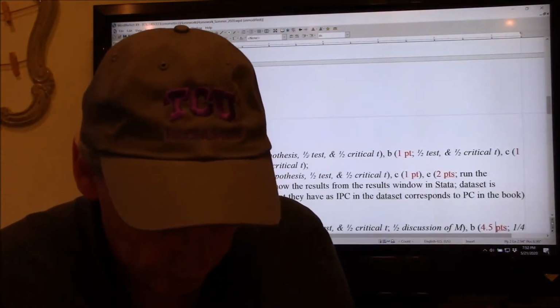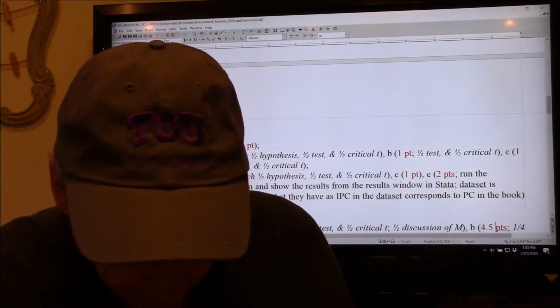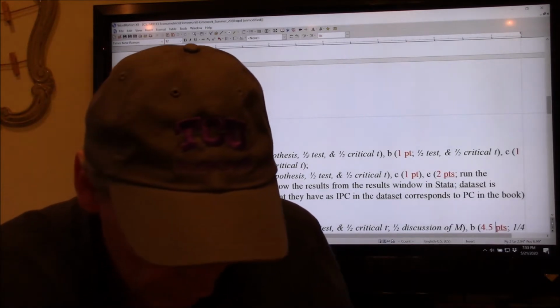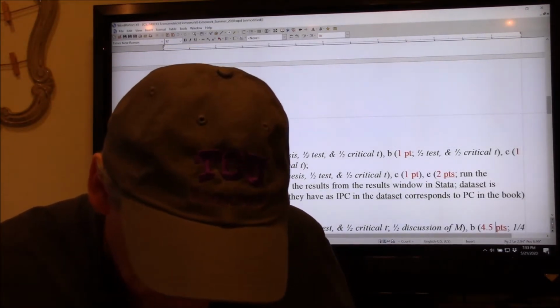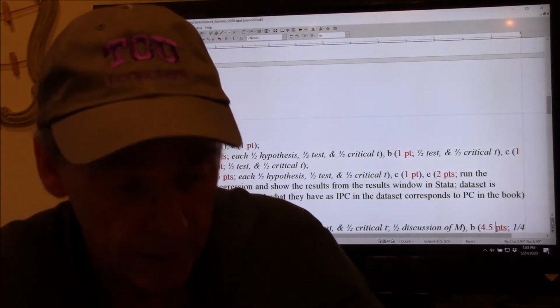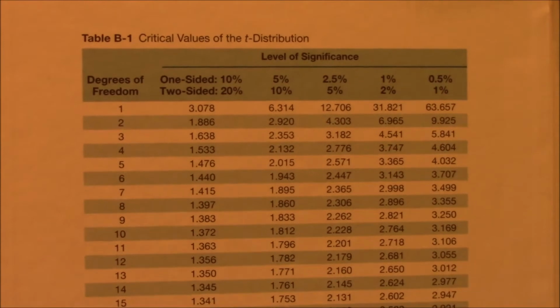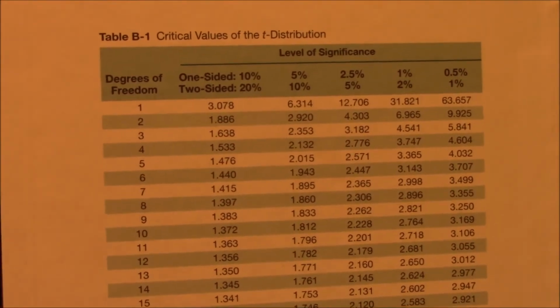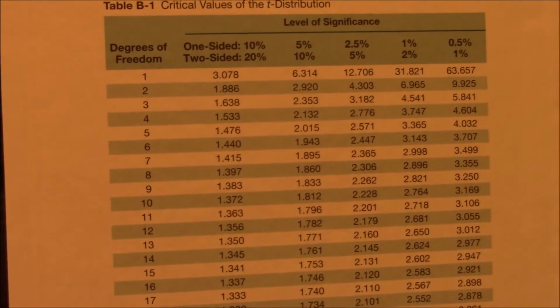I'm sorry, 1%, not one-sided. It's actually two-sided. Yeah, 1%. So it's going to be a two-sided test, 1% level of significance. On the bottom, where it says two-sided, slide all the way across to 1%. So there it is on the far right.